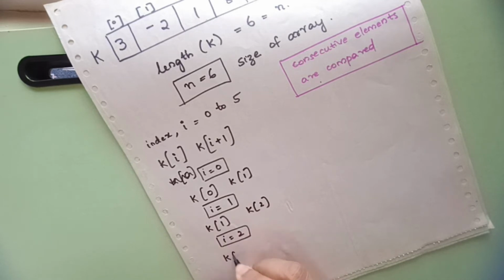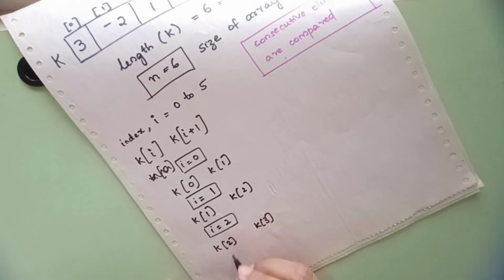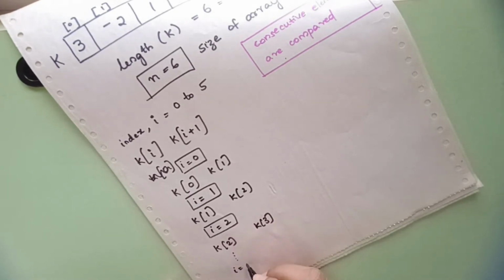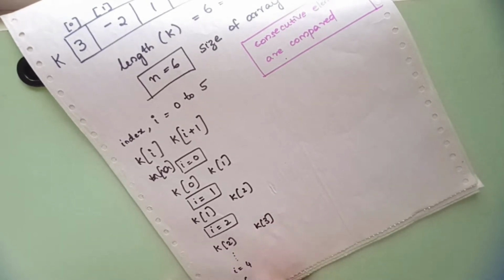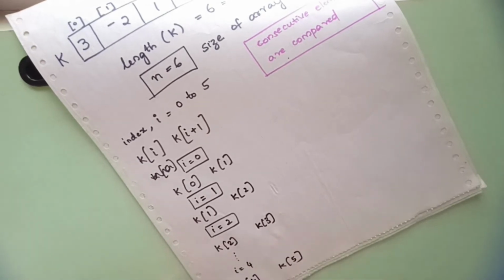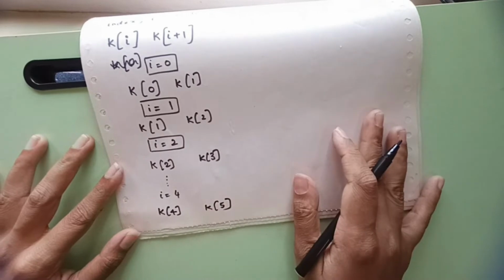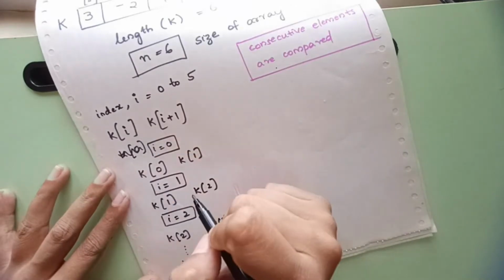So K of 2 and K of 3 will be compared. Similarly, if I is equal to 4, K of 4 and K of 5 will be compared. So we have indexed till 5. So this will be the last comparison. What sort of comparison are we going to do?